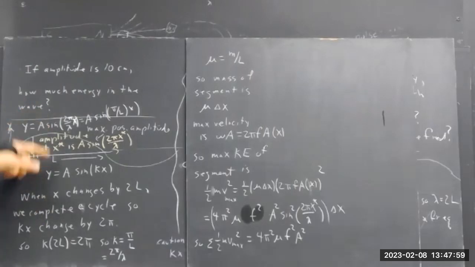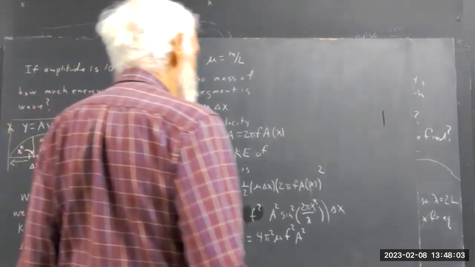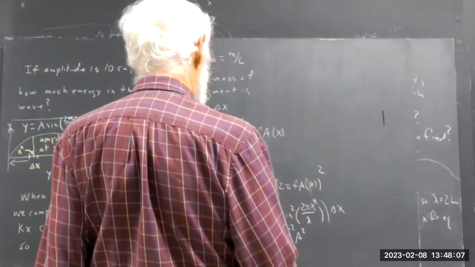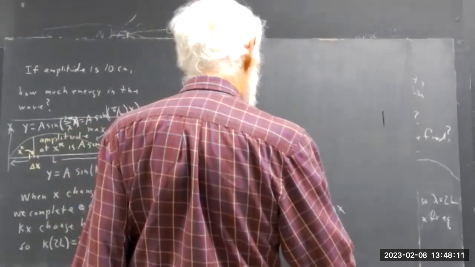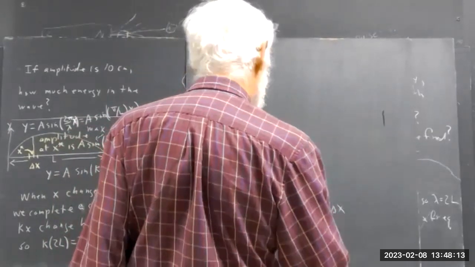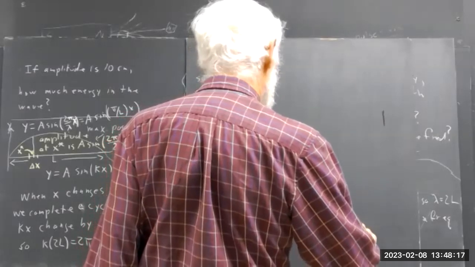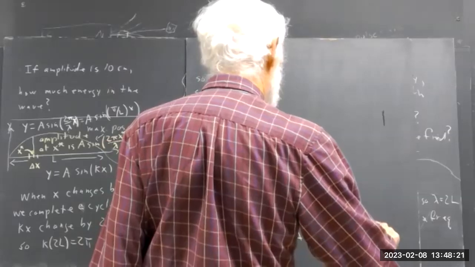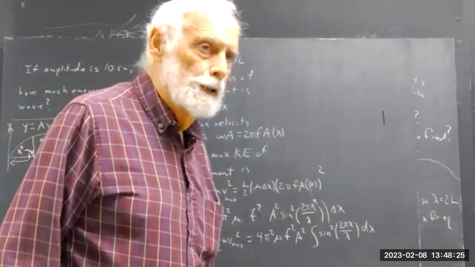This distance out here at its maximum. Make sure I got everything. Then it's times the integral. So sine squared of 2 pi x over lambda dx.